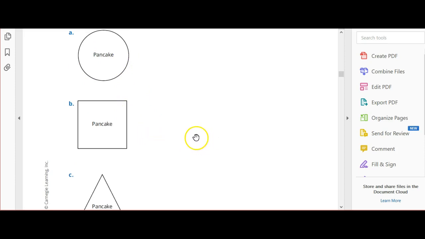Now the question is, which ones are right and which ones are oblique, and just keep in mind, here I have, imagine this is a pancake, right? So it's a perfect circle, but it's sitting on a plate, and the angle we have makes it look like an oval, but it's really a circle, right?